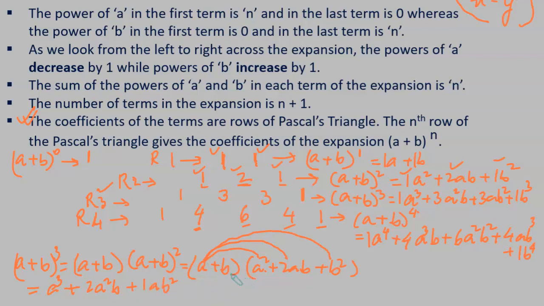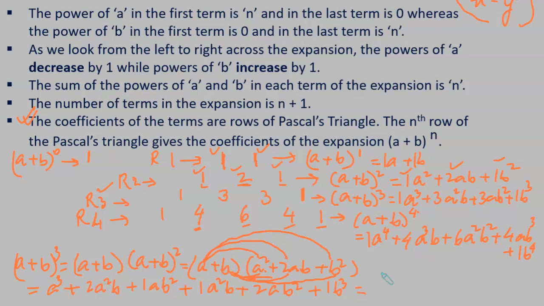Okay. Next, b times a square is plus 1a square b, plus b times 2ab is plus 2ab square, and b times b square is plus 1b cube.